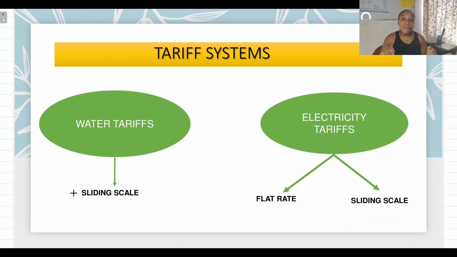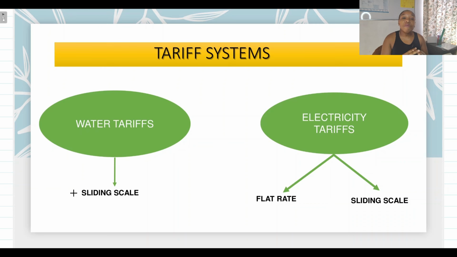if you didn't. But before I do that quick recap, we know when we are doing electricity tariffs, we are calculating the amount that you will pay towards your electricity bill at the end of the month, right? That is basically what we are all doing. And when it comes to your sliding scale method, the point is, like I mentioned in water tariffs, if you consume more electricity, you pay more, right?